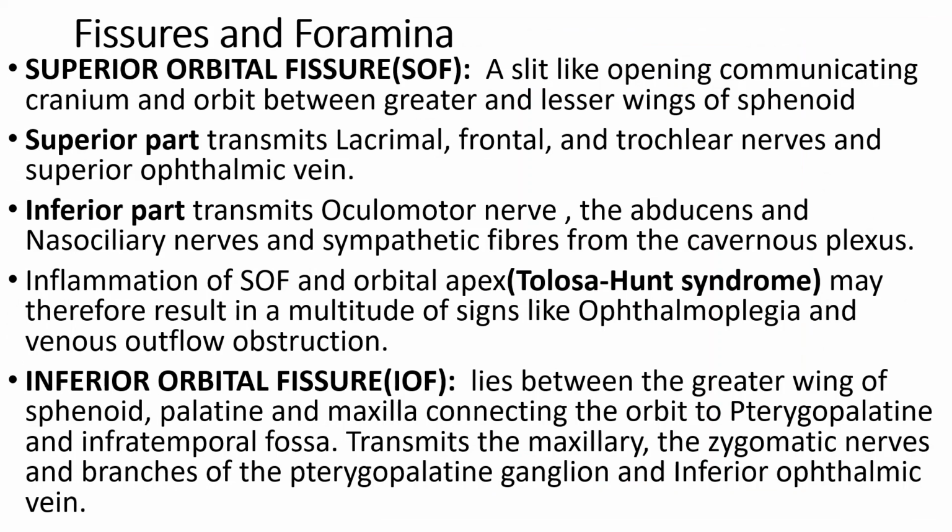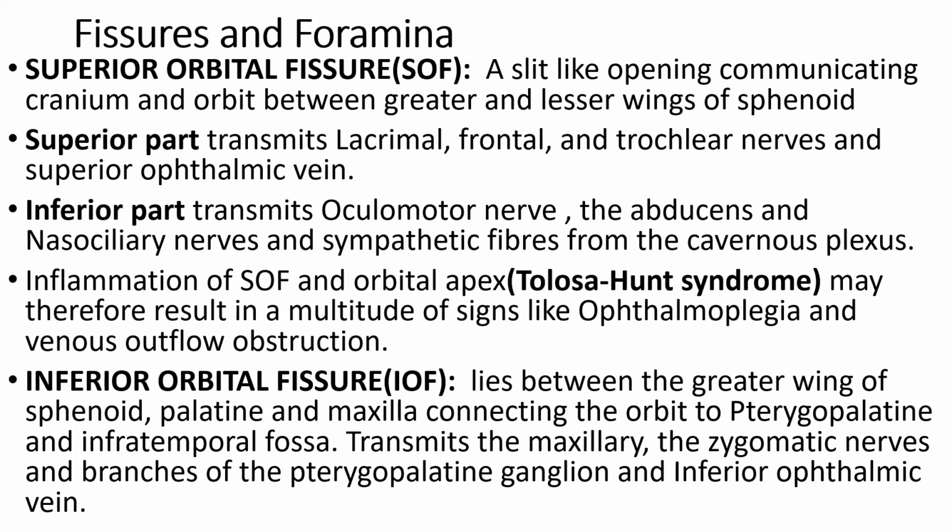The structures which are transmitted from the exterior or from the cranial cavity to the orbit pass through the fissures and foramina. There are two fissures.